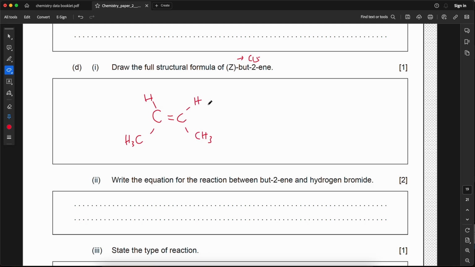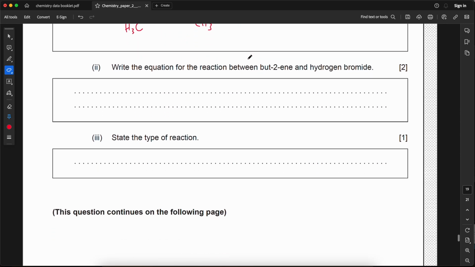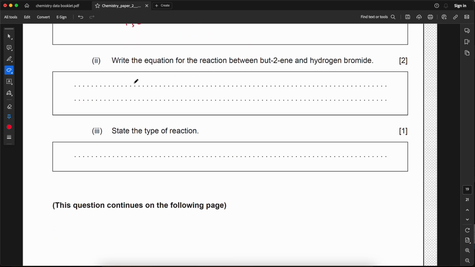So it's not going to be the same side. But it's same side, which is cis. Write the equation for the reaction between butene and hydrogen bromide. So H will be right here and Br will be right here.